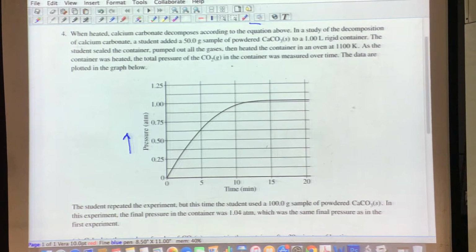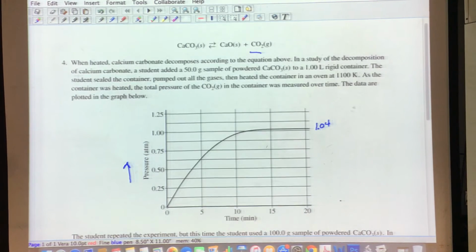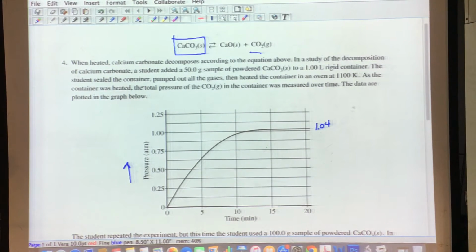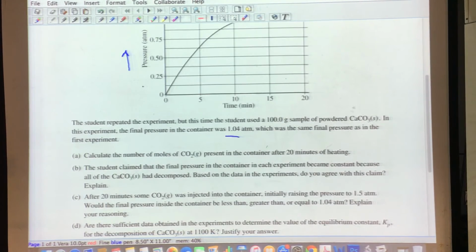Same final pressure, yes. So the container was 1.04, which looks like what this is right here, the same final pressure as the first experiment. If you notice, it had nothing to do with how much of the solid there was. Think about that for a second as we look at the questions.